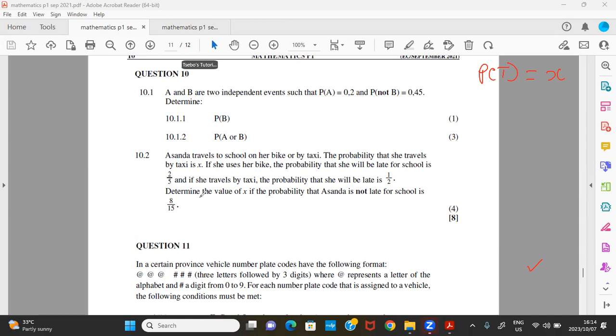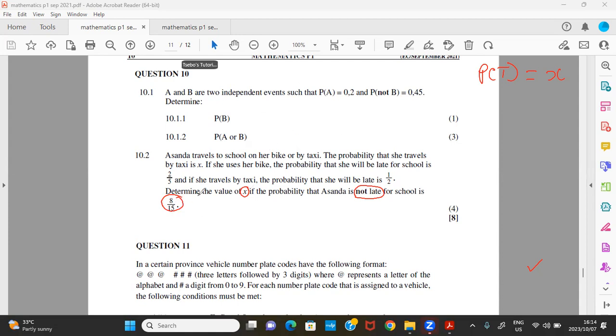Okay, then now they say determine the value of x if the probability that Asanda is not late for school is 8 over 15. So already we see that's a complementary. Not late. So now they give us a complementary, right?